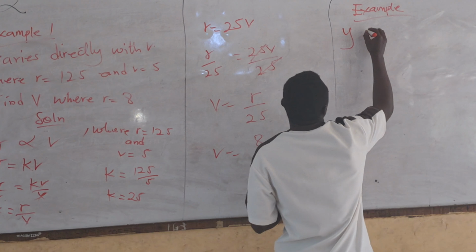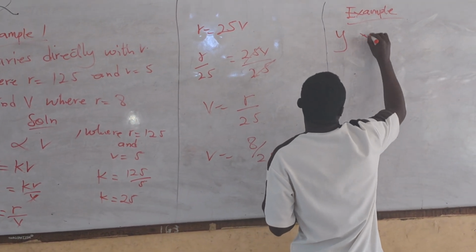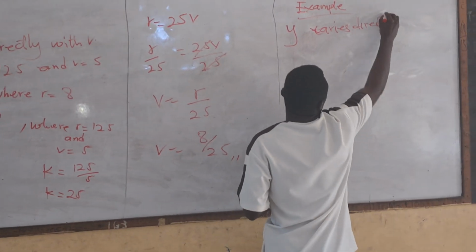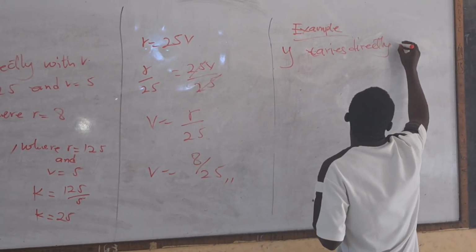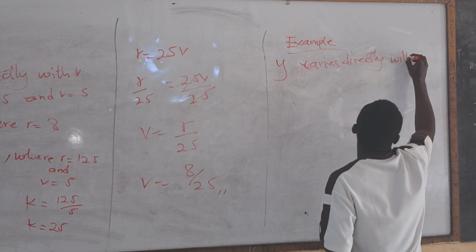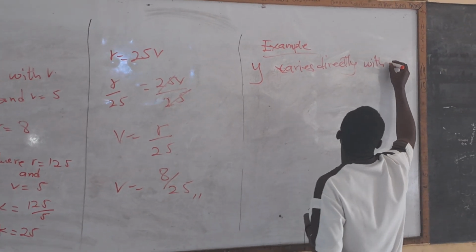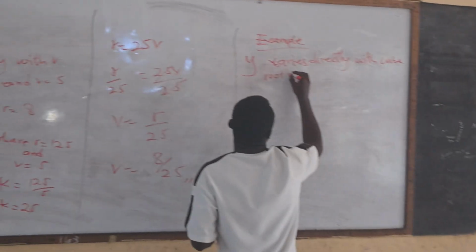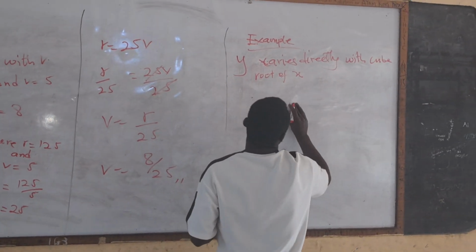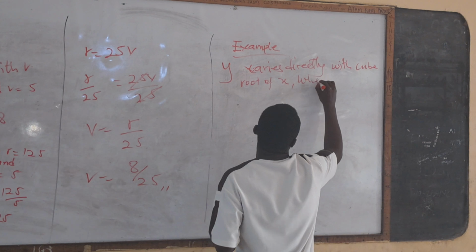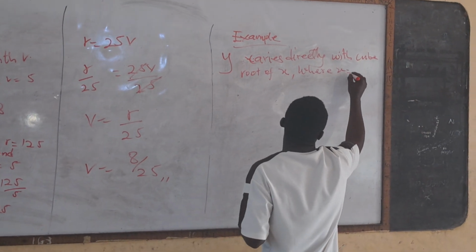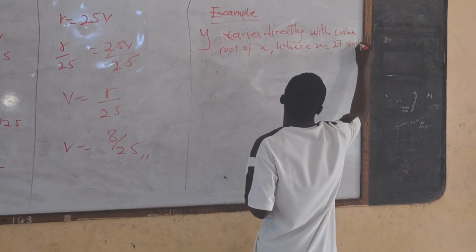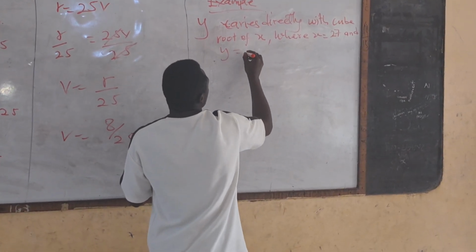Y varies directly with the cube root of x, where x equals 27 and y equals 3.